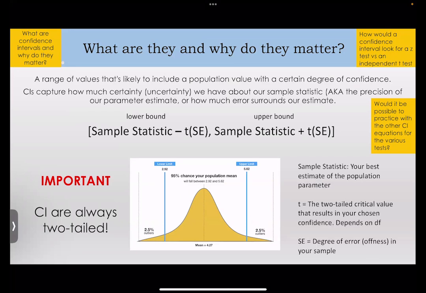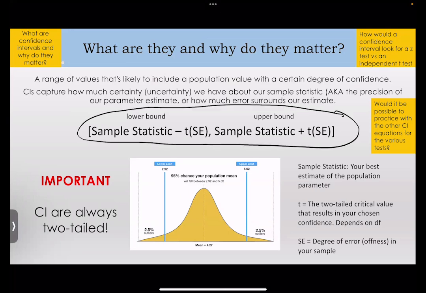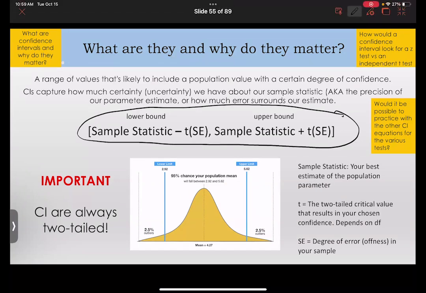And a couple vocab reminders, sample statistic. So this is the basic generic component of the lower bound and the upper bound. There's a line right here, and that line is our point estimate, our population estimate. And then on one side we have our lower bound, and on the other side we have our upper bound. The lower bound and the upper bound are each made up of 3 components. This would be another good thing to remind yourself on your cheat sheet.